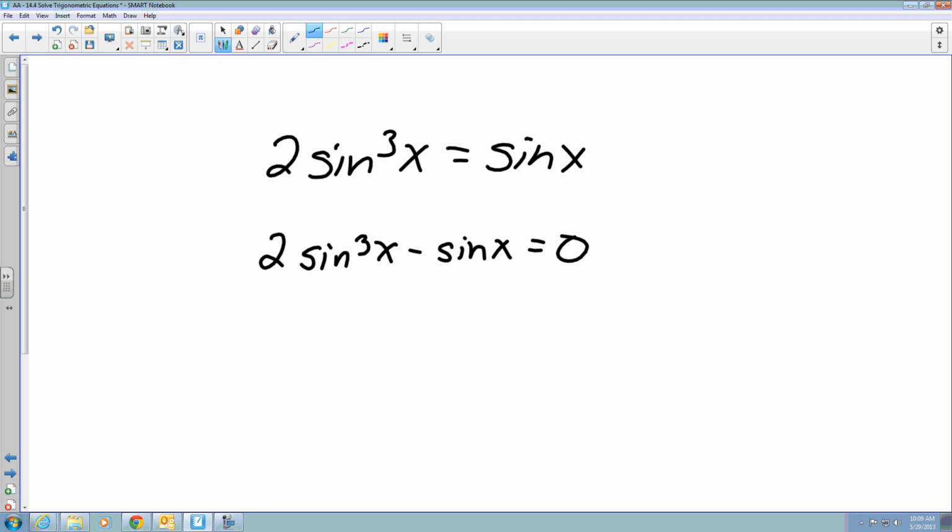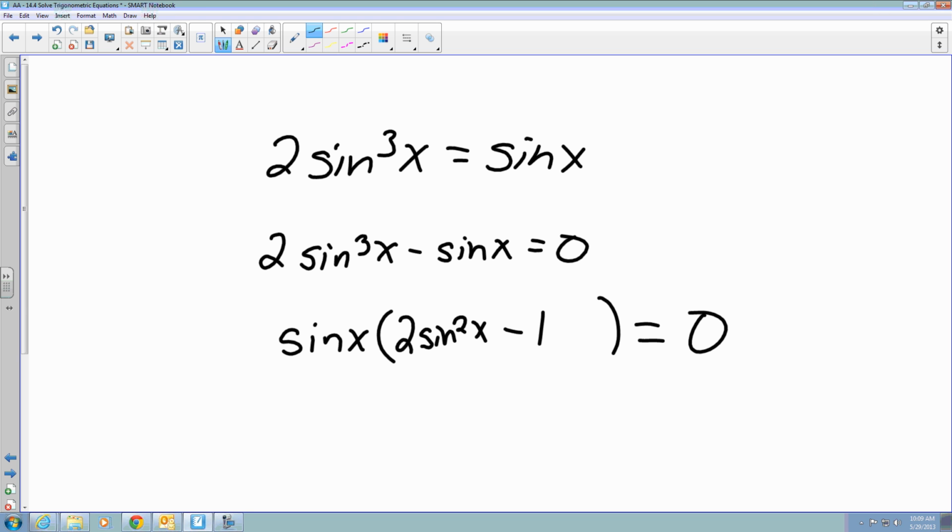So I can factor out a sine of x from both of these expressions. So I'm going to have sine of x on the outside of my parentheses, and then on the inside it's going to be 2 times the sine squared x minus 1. And how I get that is if I were to distribute this and distribute this, it would get that portion of the equation. So that's where that comes from.